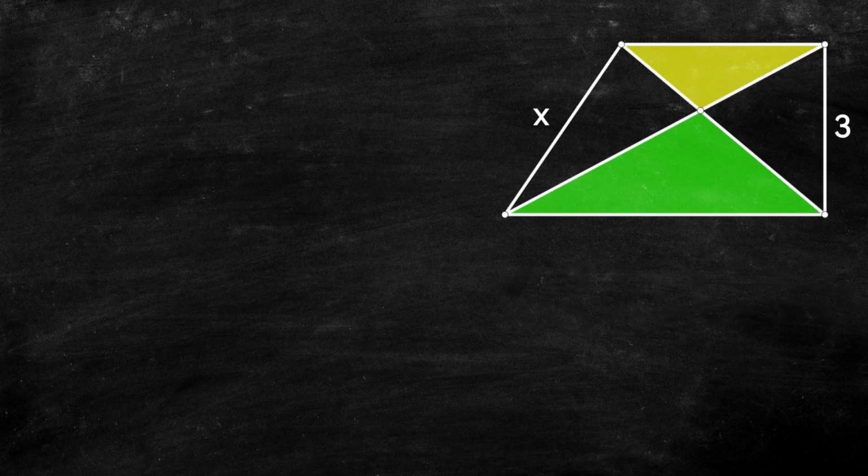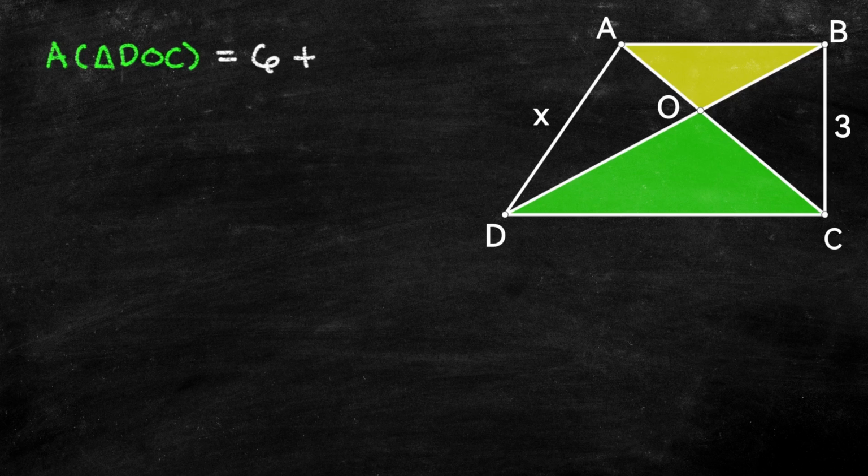Let's begin by labeling the vertices of the trapezium as A, B, C, and D. Also, let the intersection of the diagonals be point O. Since the green area is 6 more than the yellow area, the area of triangle DOC is equal to 6 plus the area of triangle AOB.